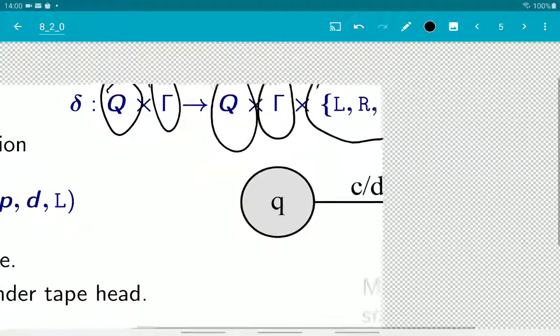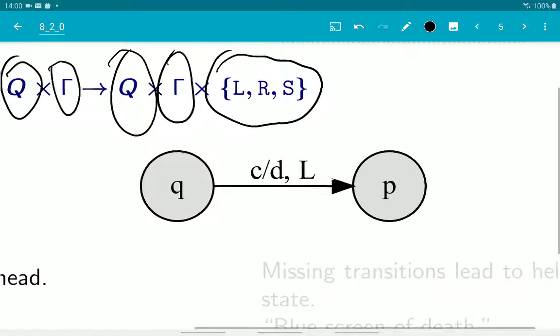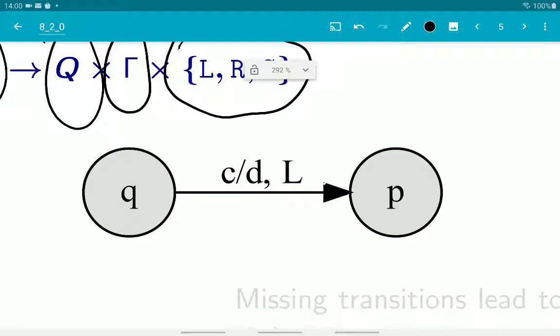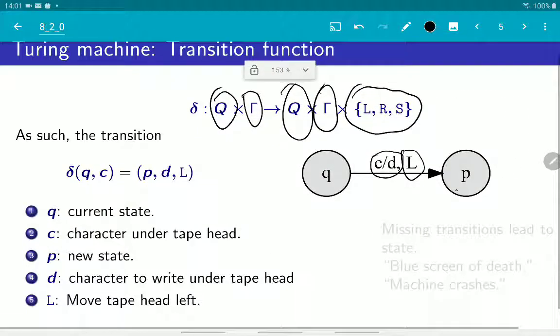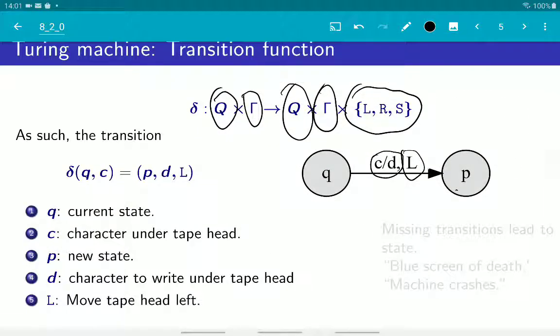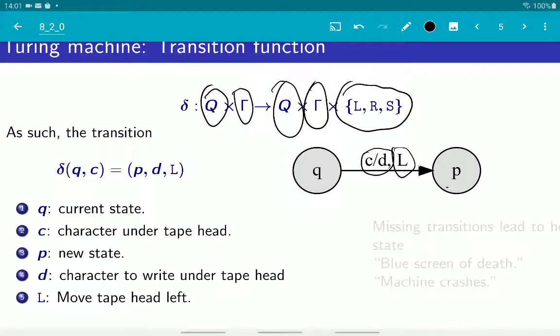And as usual, it's much easier to just draw it as a state diagram. So we write it like this: the letter c is replaced by the letter d, the transition is from q to p, and L means the head moves to the left. So that's the transition function.